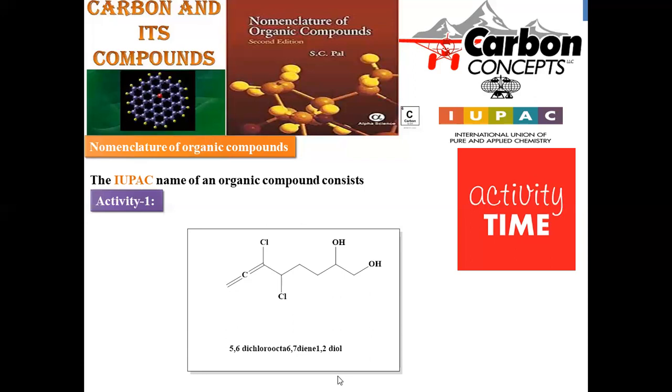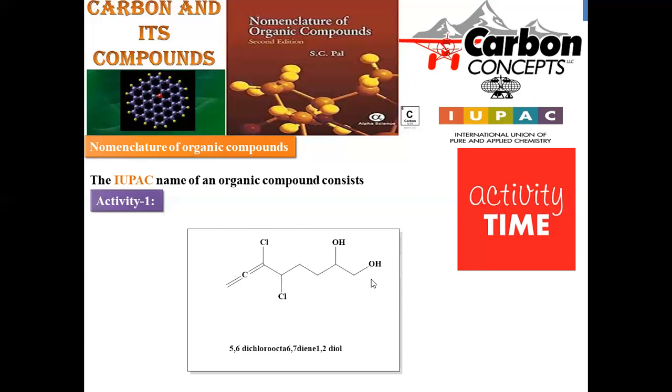So whenever a known compound is given to you, the first primary thing we have to do is decide from which end we have to start numbering. In order to start numbering, first of all, we have to identify the functional groups, which is the primary functional group for us. Among all these, the primary functional group is OH, so start with OH. OH will be given first priority, so 1, 2, 3, 4, 5, 6, 7, 8.